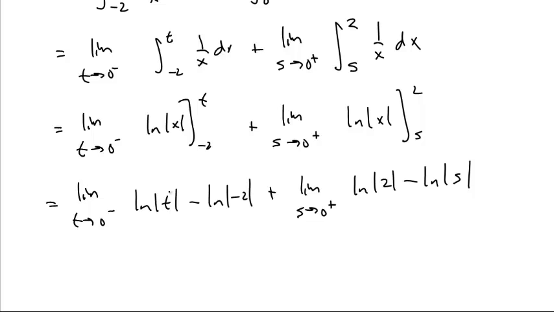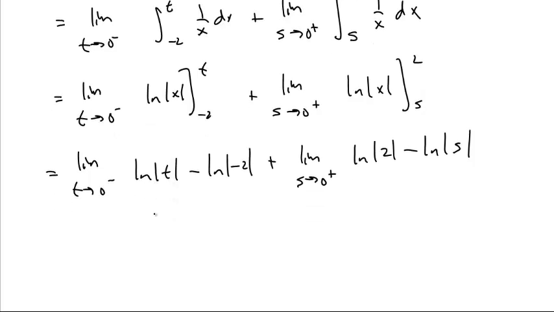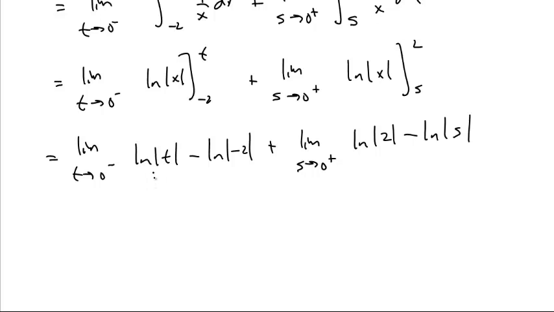Thank goodness we're taking the absolute value because you can't plug a negative number into the natural log. But as t approaches 0 from the left, the absolute value approaches 0 from positive numbers. As the value goes to 0, the natural log goes to -infinity. This thing right here is going to -infinity.